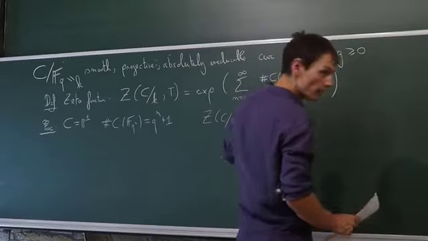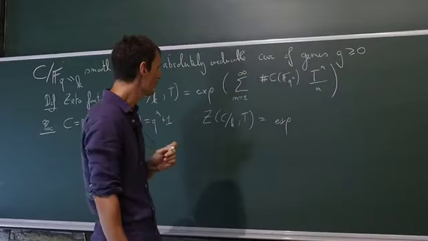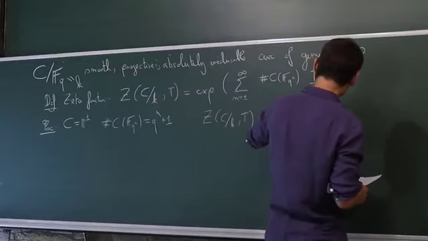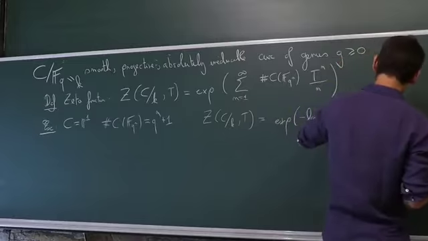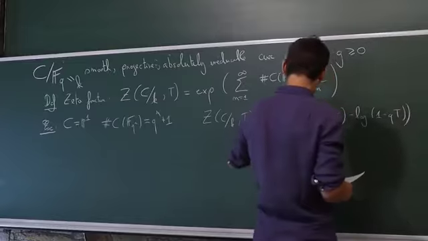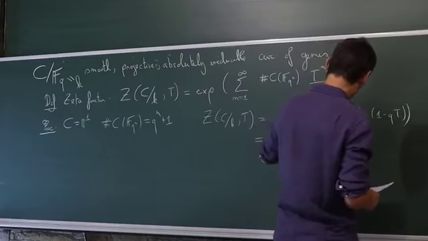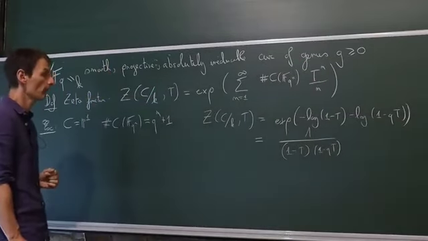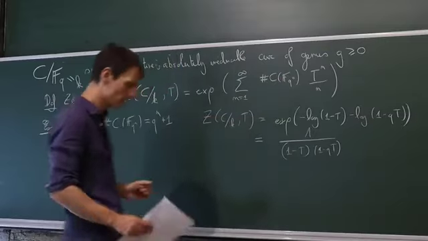And now what you recognize are some power series related to log of 1 minus t and 1 minus qt. So this is minus, more exactly, log of 1 minus t minus log of 1 minus qt. And of course, then what you get is 1 over (1 minus t)(1 minus qt). So, a rational fraction. Nice. So it seems that indeed maybe it helps to put it in this way.